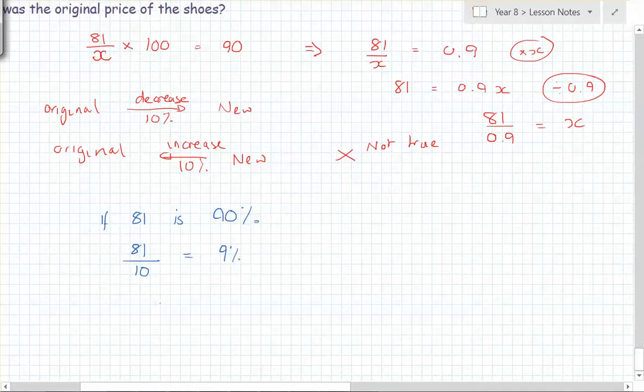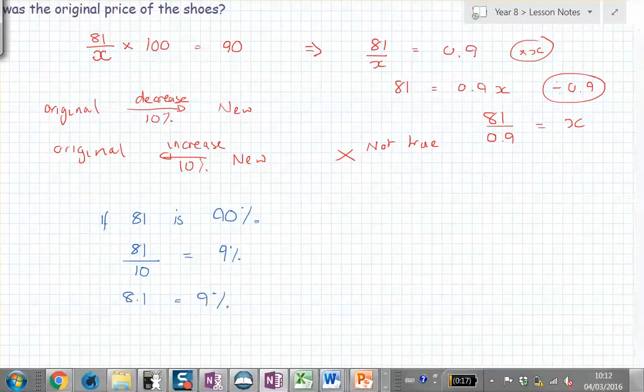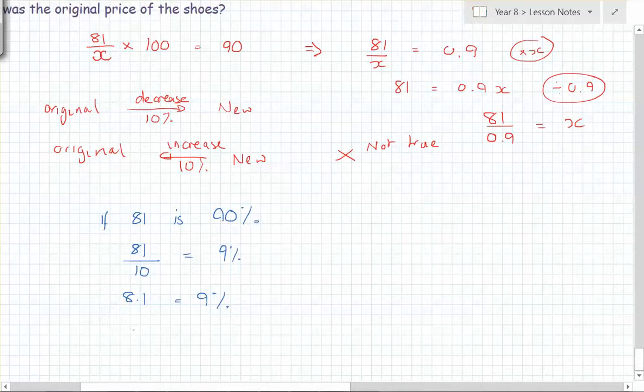Now divide that by 9 and you get 1%, and you can multiply then up to 100%. It's the same thing, just a simplified, longer way of doing it.